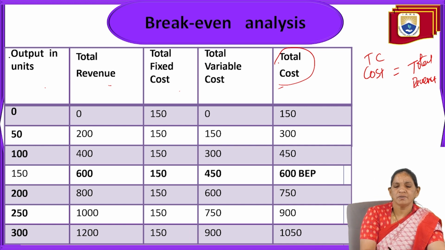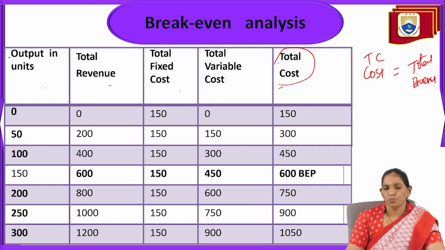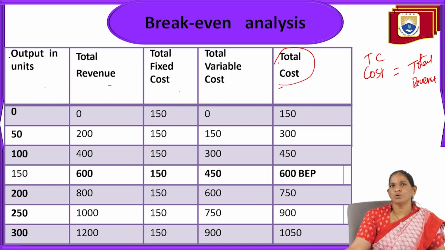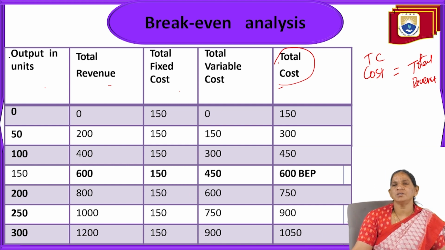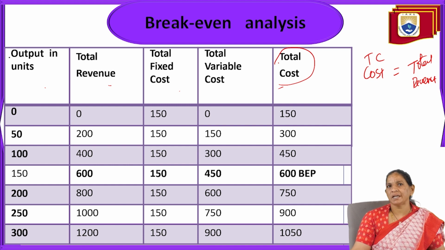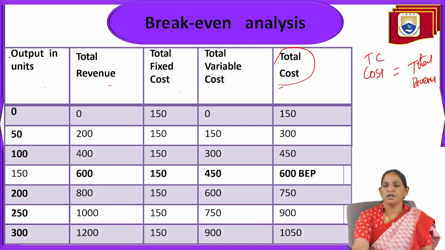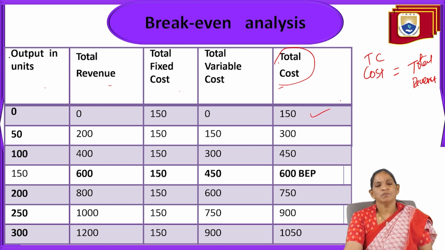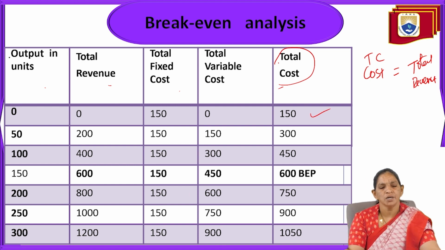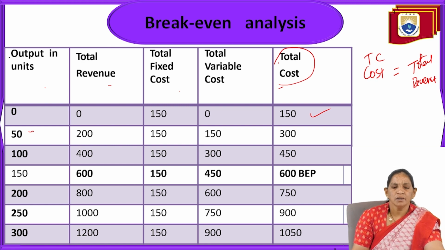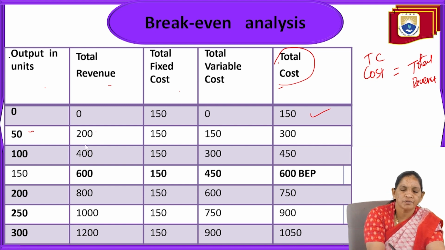So we will see when the units are zero, not produced. Whether we produce or not, we have some amount of fixed cost within the organization, like rent, electricity charges and some other charges. So for that we have 150. When the organization produces 50 units of goods and services, the total revenue achieved, meaning we sold those 50 units, is 200 rupees, for example.